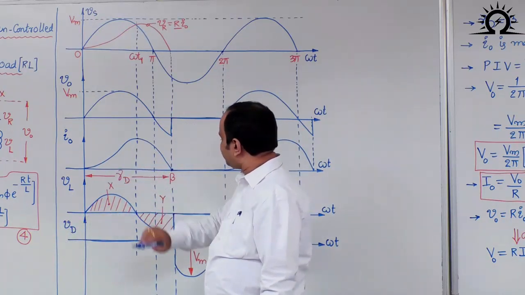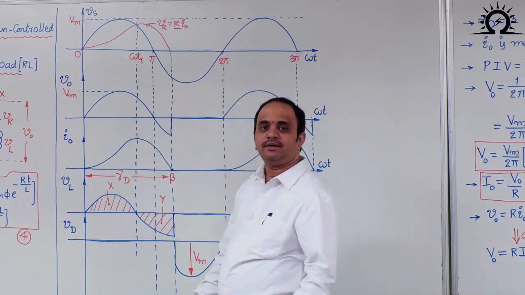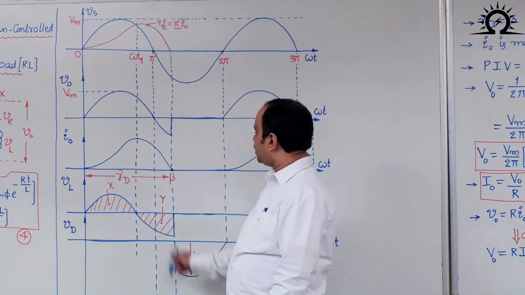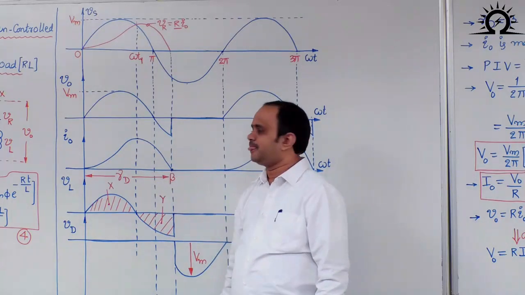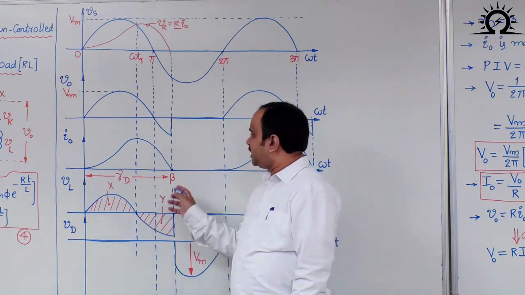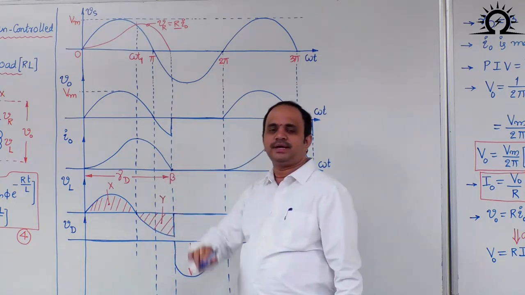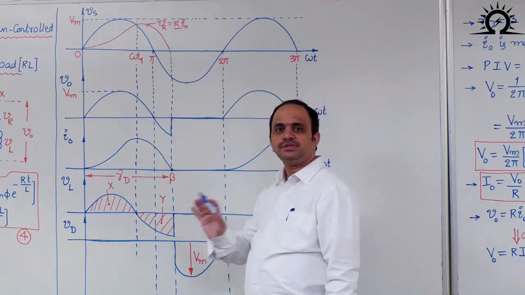In that equation, what is the I naught value at beta? I naught value is 0. Therefore, in order to find beta, in equation number 4, substitute omega t is equal to beta and equate to 0.